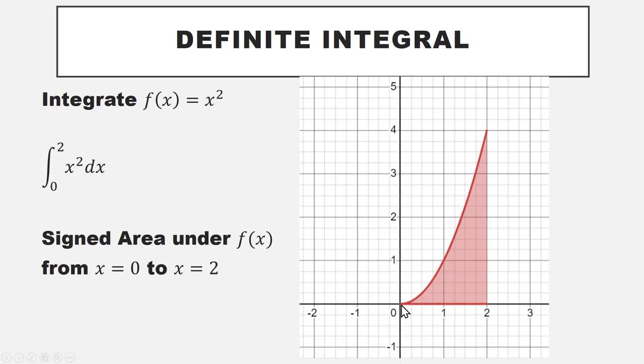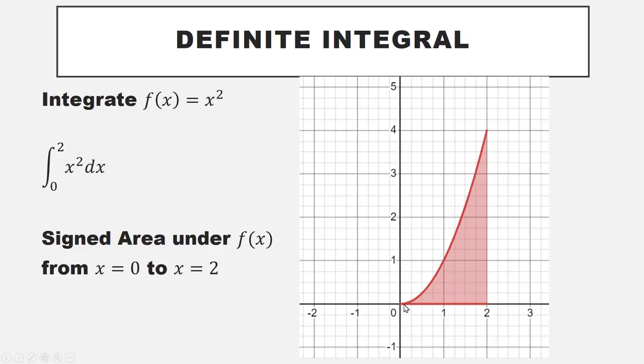So the area from 0 to 2 under the curve y equals x squared, this red shaded area, was what I got when I integrated x squared from 0 to 2 with respect to x. Now we call that the signed area because as long as my function is above the x-axis, it's going to calculate this area as being positive.